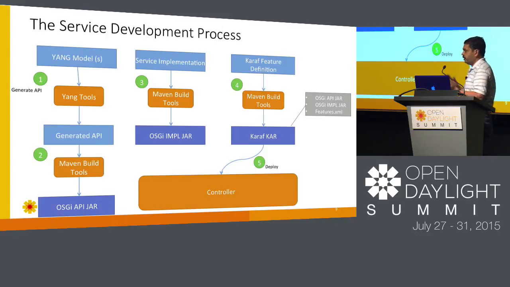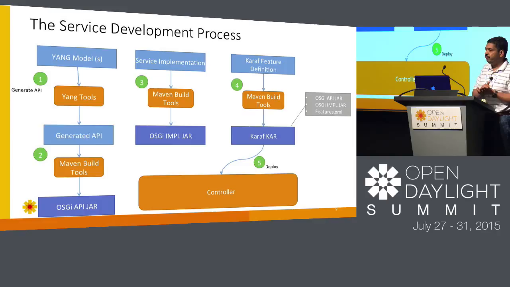The idea being you can separate the two and have multiple implementations for the same interface. Again, to reiterate, all this is automated for you; all you need to do is run the Maven build command. You will then have your implementations that correspond to the Java generated interfaces, and that gets the implementation jar.